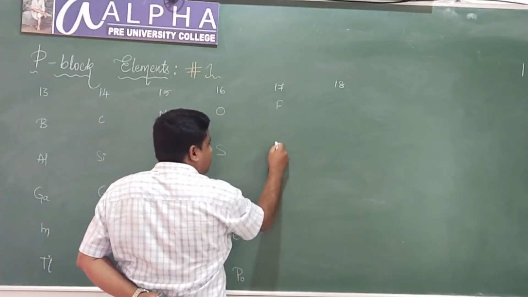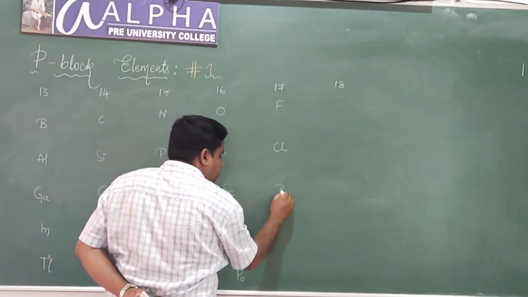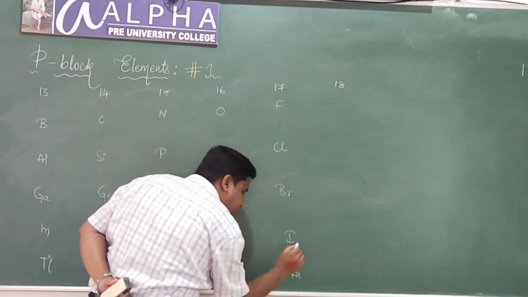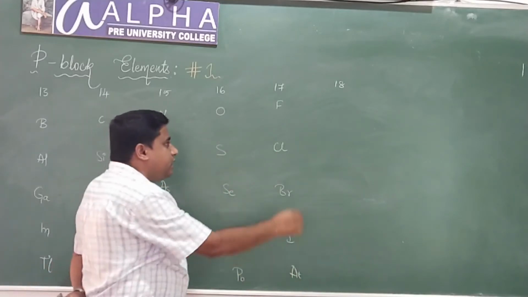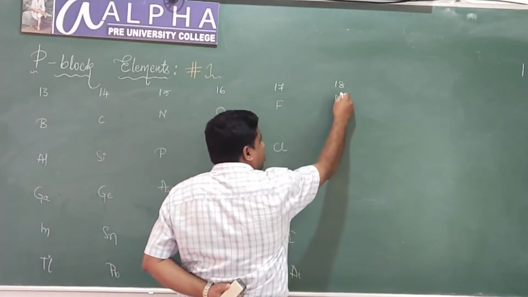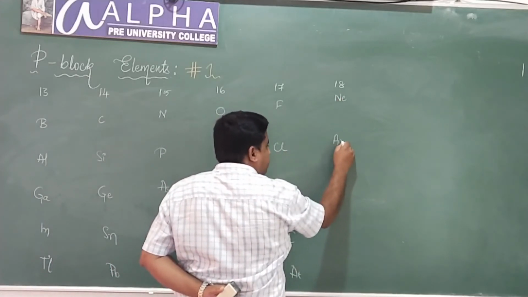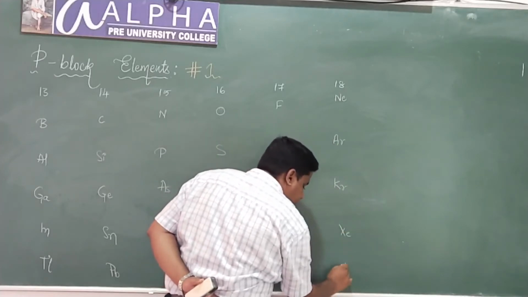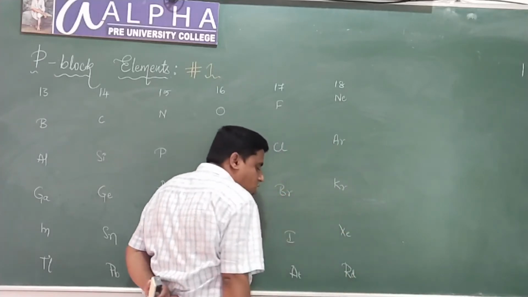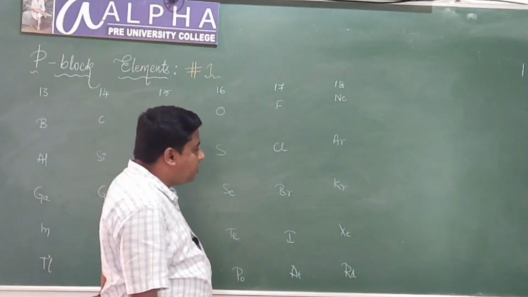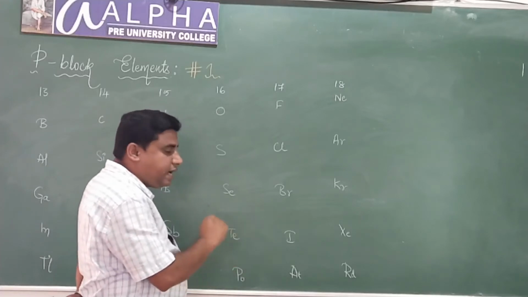Fluorine, chlorine, bromine, iodine and astatine. In group 18 we have what? Neon, argon, krypton, xenon and radon.